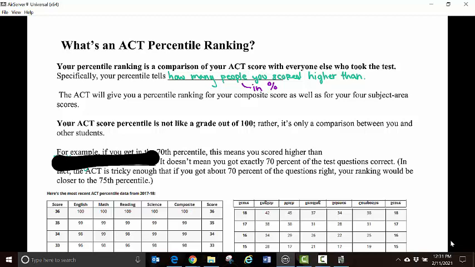Okay? For example, if you get a 70th percentile, this means you scored the same or higher than 70% of test takers. It doesn't mean you got 70% of the questions correct. It just means 70% of the people you took the test with got your score or lower.